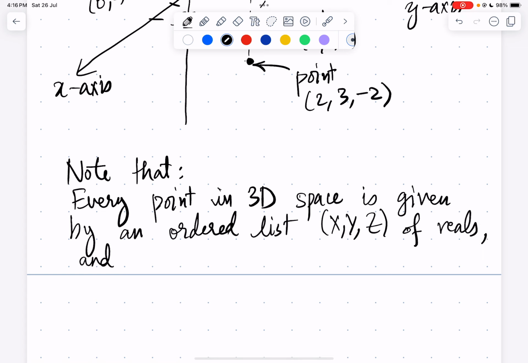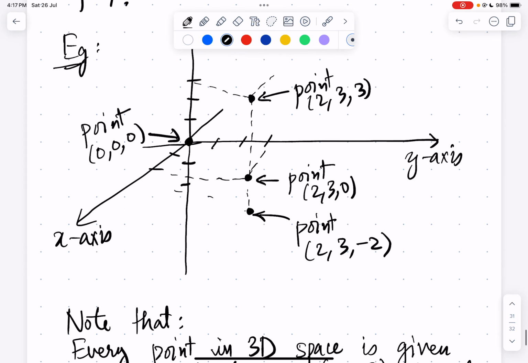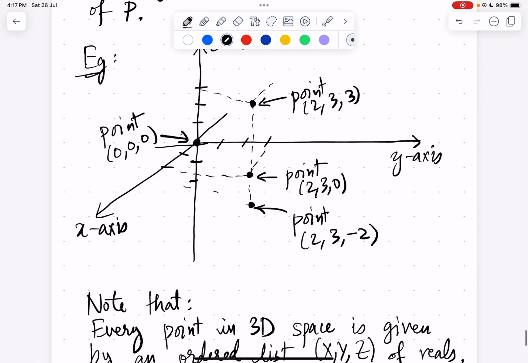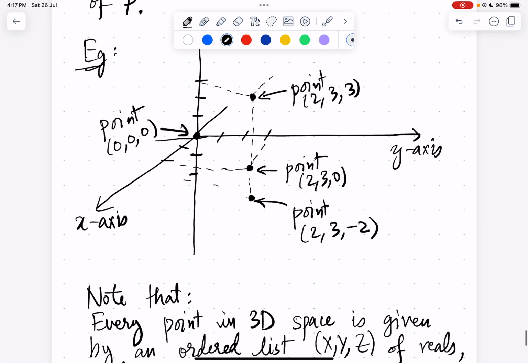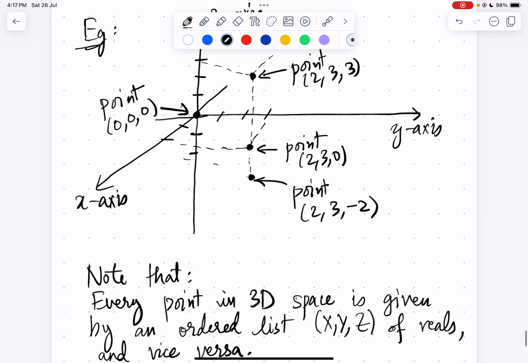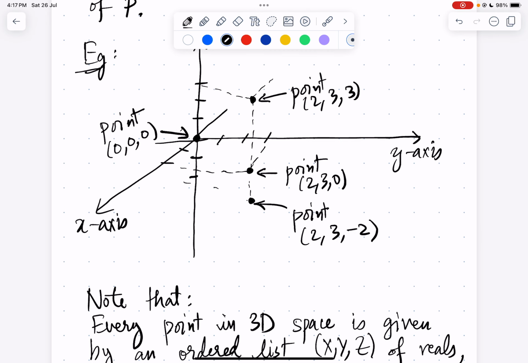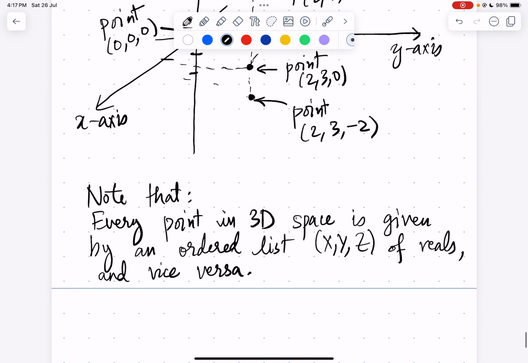Every ordered list of reals gives a point in 3-dimensional space. So we can specify points in 3-dimensional space using ordered lists of 3 real numbers, which are the addresses of those points with respect to some fixed x-axis, y-axis, and z-axis. So every point in 3-dimensional space is given by an ordered list of reals and vice versa.